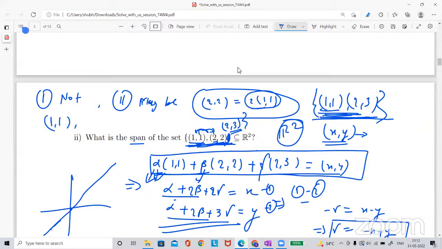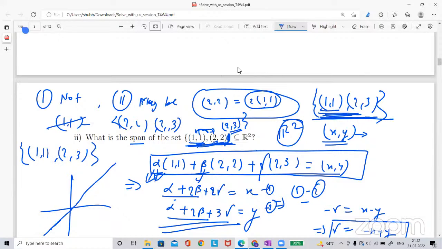Let's say I'm reducing (2, 2), or let's say reducing vector (1, 1). I'm eliminating this vector from that set. So (2, 2) and (2, 3), or (1, 1), (2, 3). You just minimize this set to this one. Now this set actually spans R2. That's the minimal spanning set.